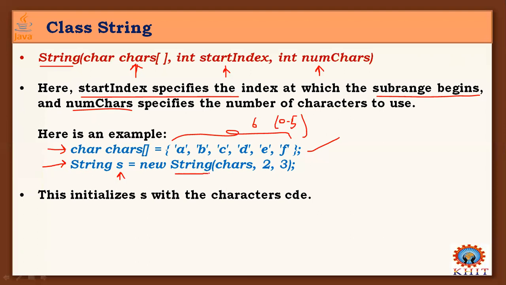This constructor has 3 parameters: the first is the character array name, then the starting index as 2 and the number of characters as 3.